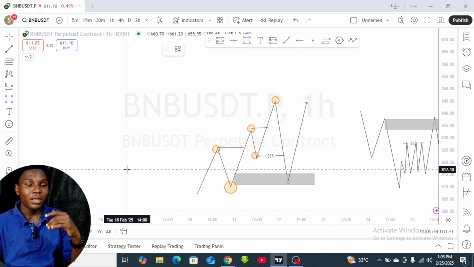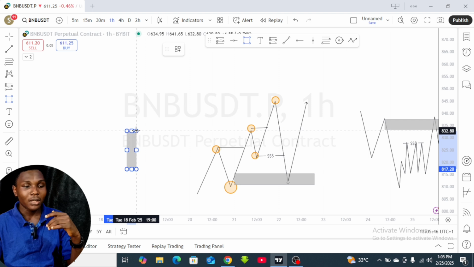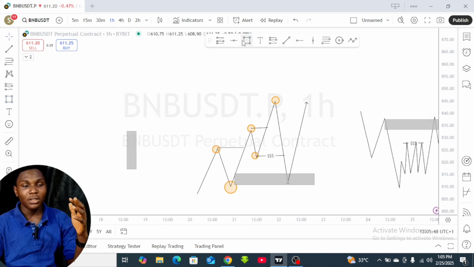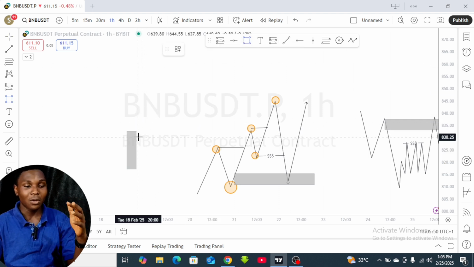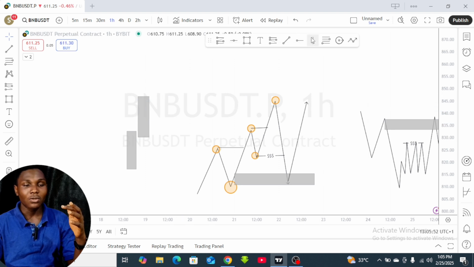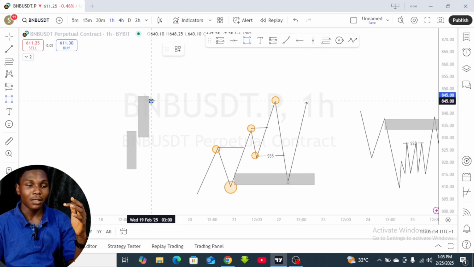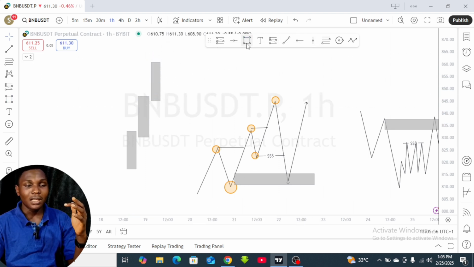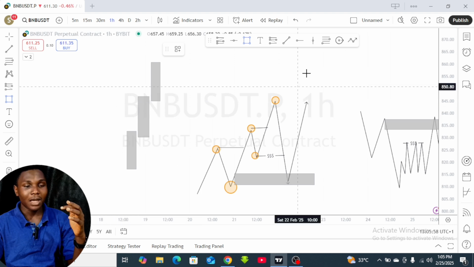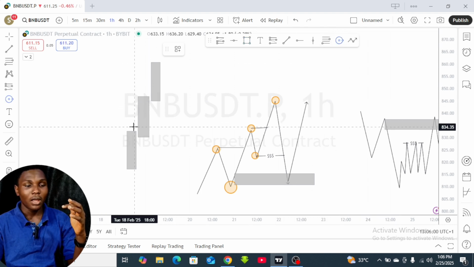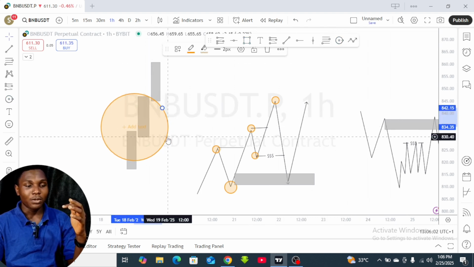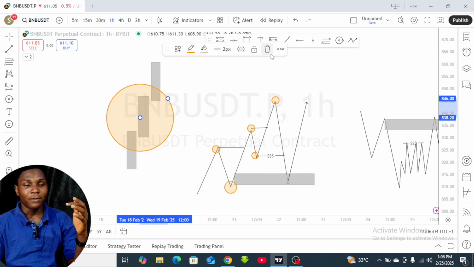A fair value gap is the gap that the market creates where we have a successive number of candles closing above each other. So we have a candle close here, we have a candle close and another candle close. This particular gap here that the market creates is what we call a fair value gap.